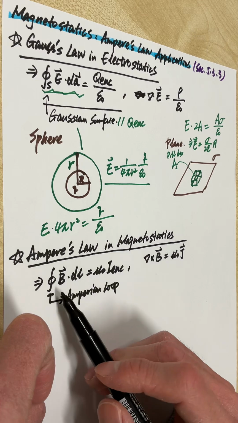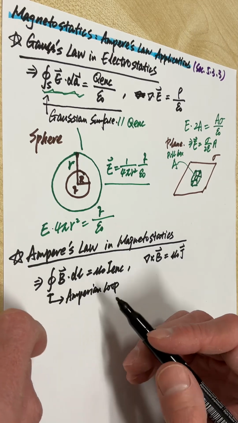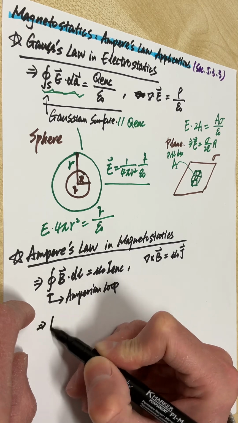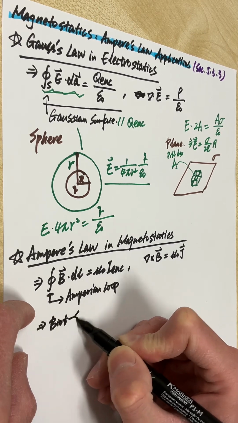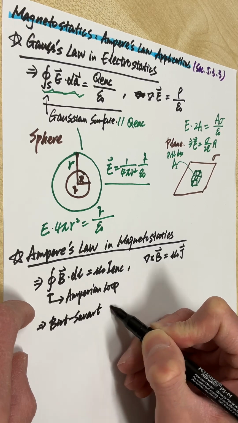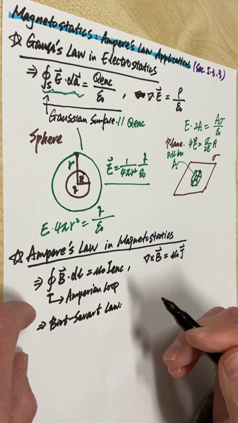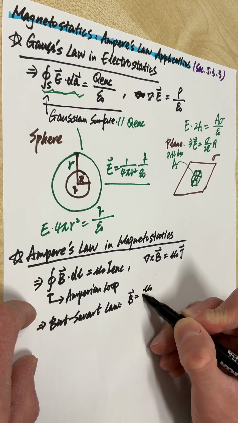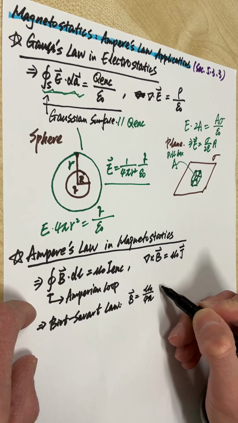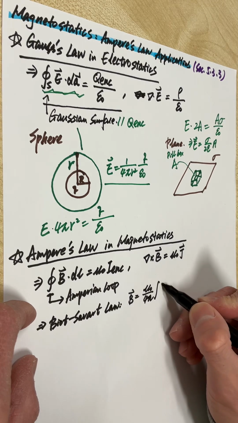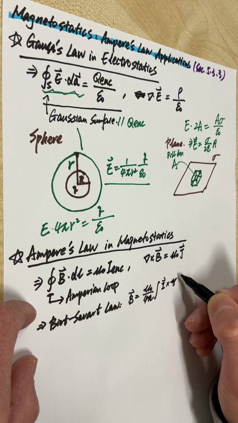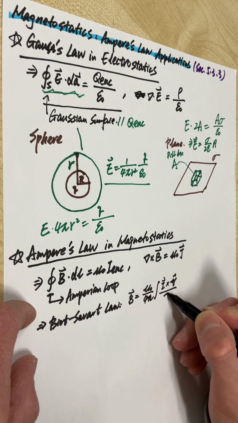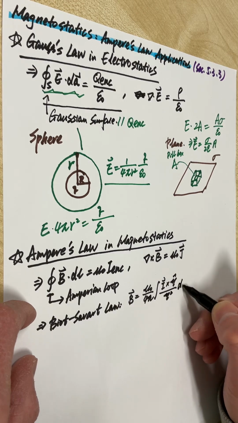The direction of the B field was defined by the Biot-Savart law, where for a line current, we have B equals mu 0 over 4 pi, integral of I cross the unit separation vector, divided by the separation distance squared, times dl.